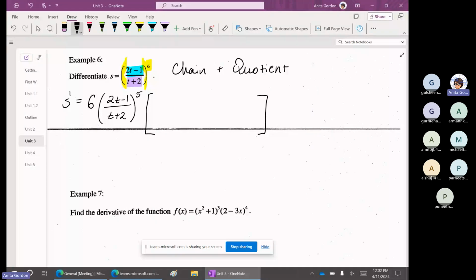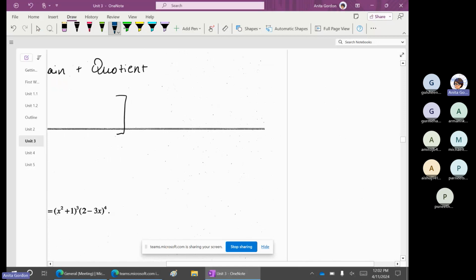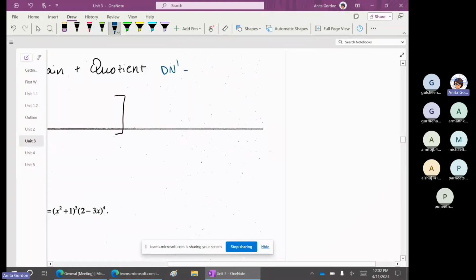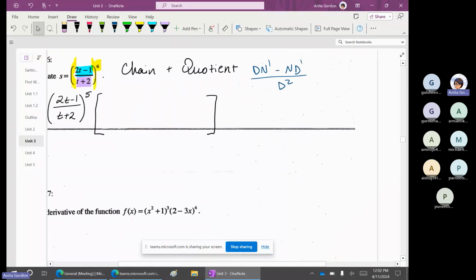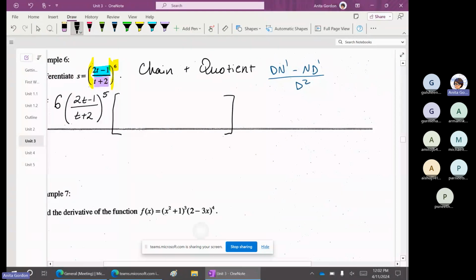So using the quotient rule, remember quotient rule is numerator prime, denominator, minus numerator, denominator prime, over denominator squared. So my denominator is going to be t plus 2 all squared. Can you take a moment to write down what the numerator is going to be?